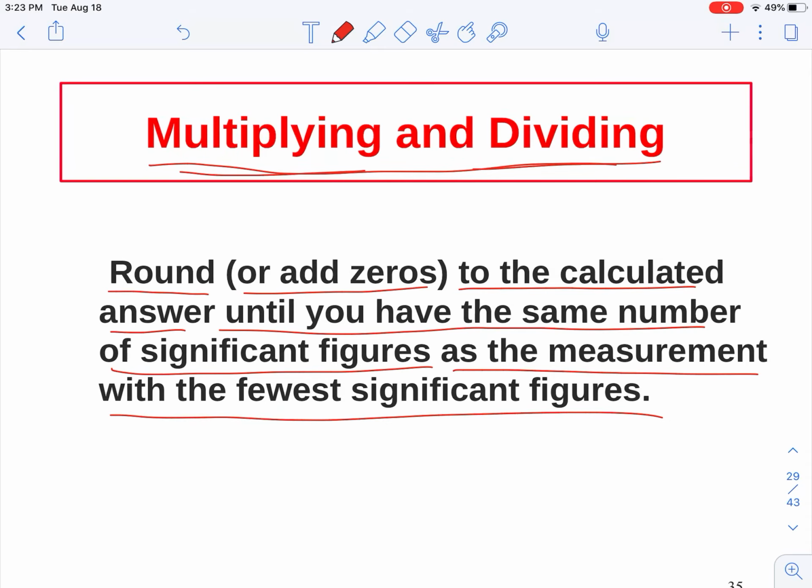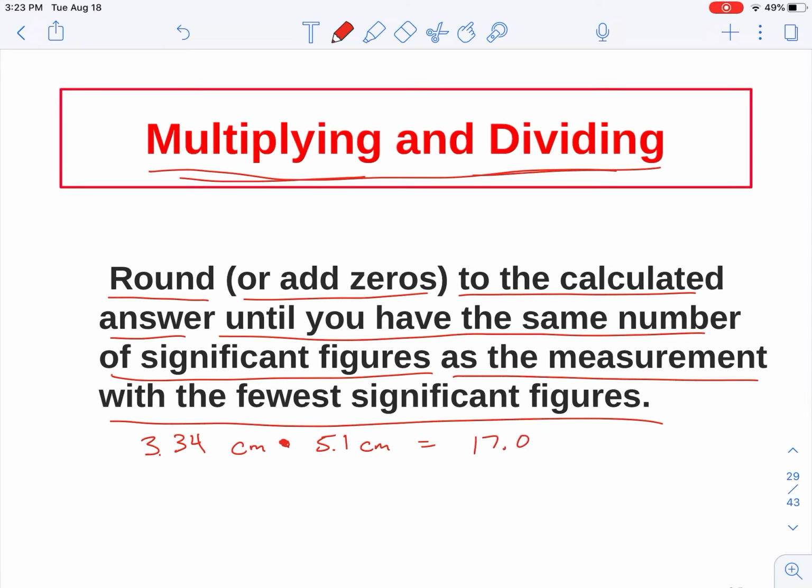If you have used a ruler or something, you have 3.34 centimeters, and you're multiplying that by something that you only have one decimal for, 5.1 centimeters. When you multiply those two together, go ahead and do that calculation. 3.34 times 5.1 would give you 17.034 centimeters squared.